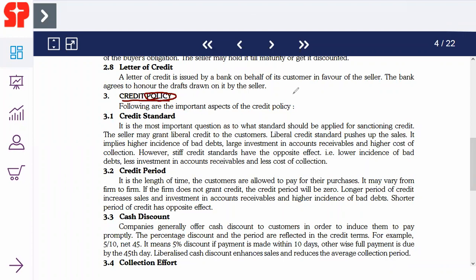It is a statement framed by the top management of a company, which should be followed by other employees. They frame policies for different activities so that the business functions smoothly.